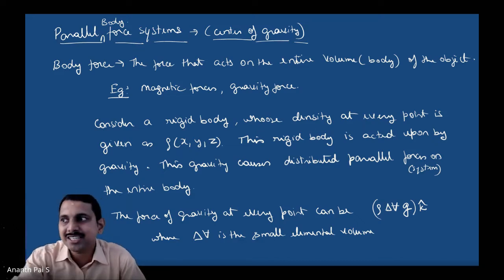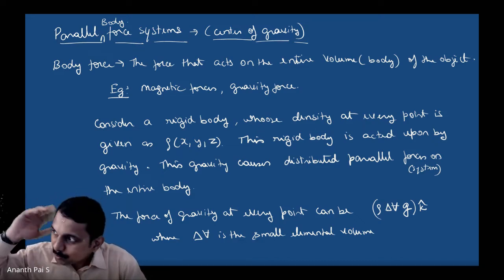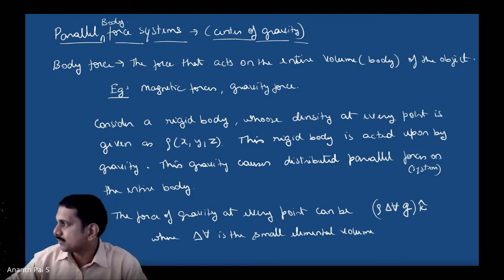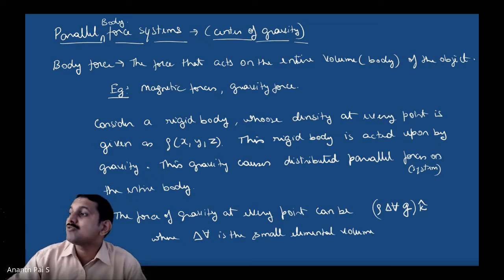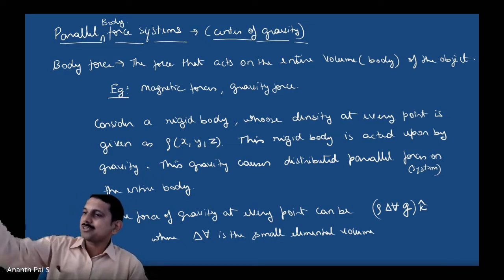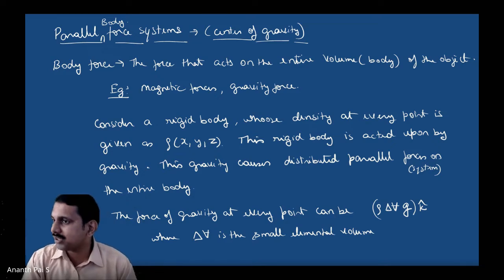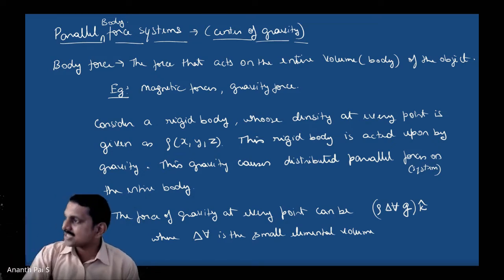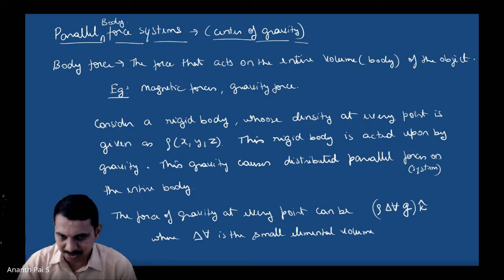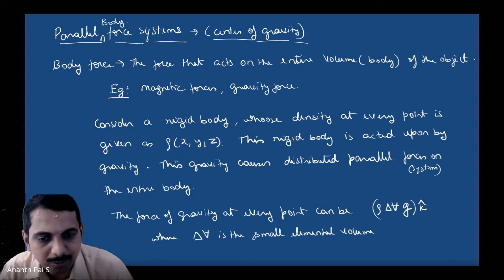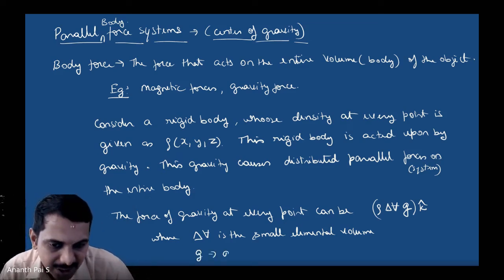I may change it in the next problem, but you should understand intuitively that I have changed it. You only have to comment if I change it in the middle of a problem. In one problem, I cannot take two different notations. I have to be consistent in one problem, otherwise I'll make mistakes. So, delta V is a small elemental volume, and g is the acceleration due to gravity.